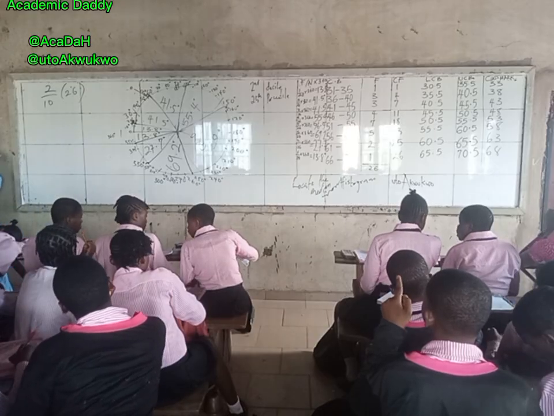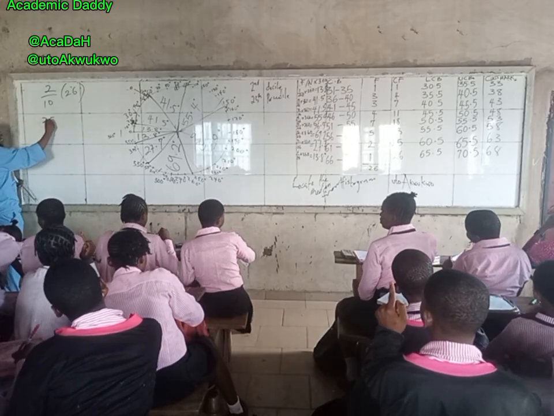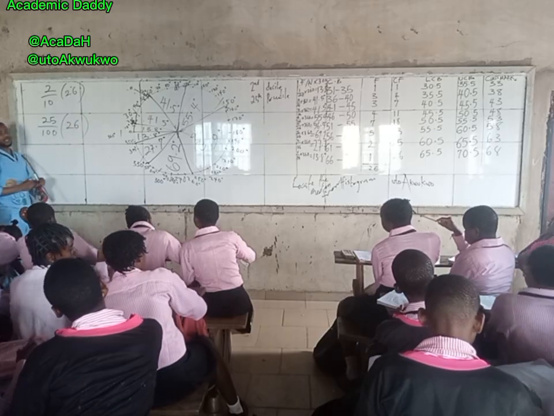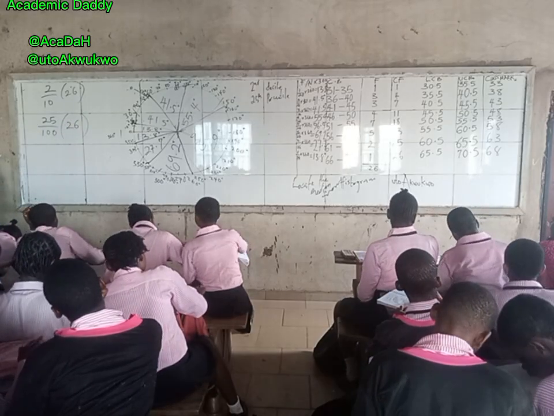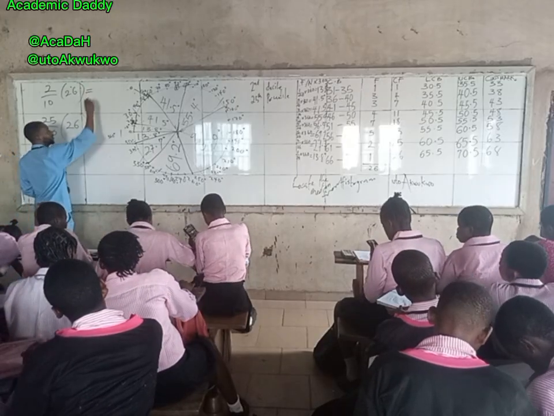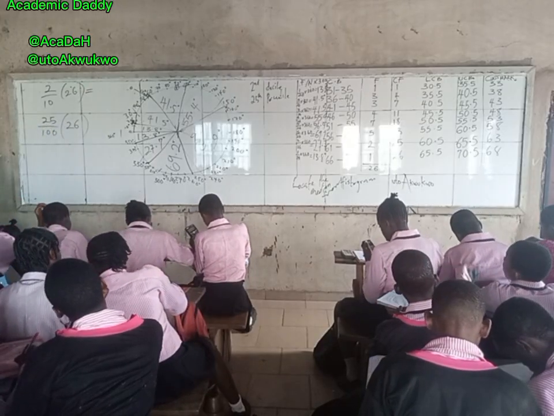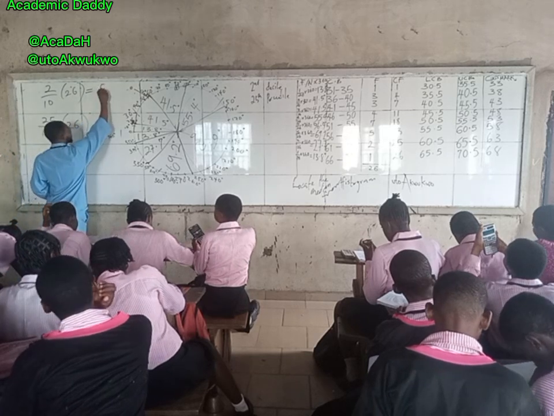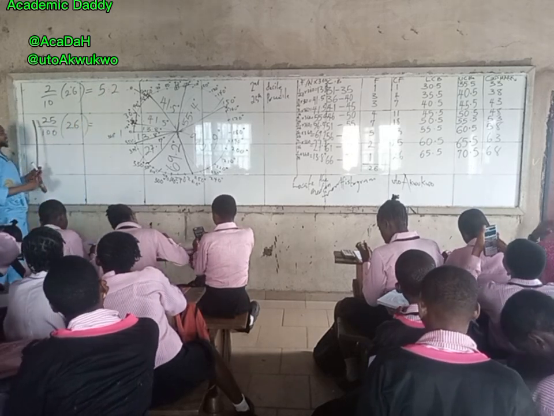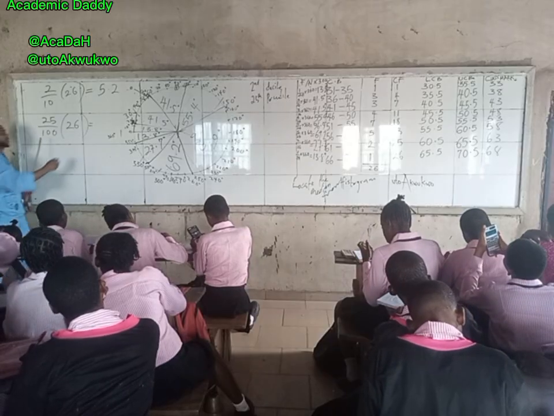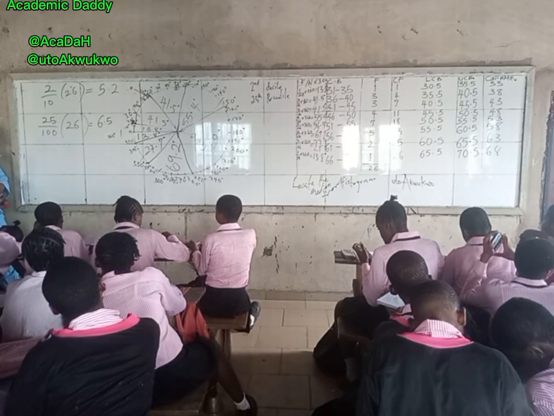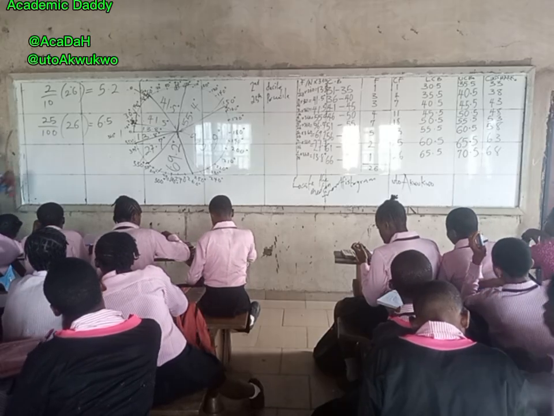So the 25th percentile is 25/100 of the total frequency. 2/10 is 0.2, multiplied by 26, what do you have? 25/100 is 6.5. Are you sure? Yes. Okay, so that means the second decile.